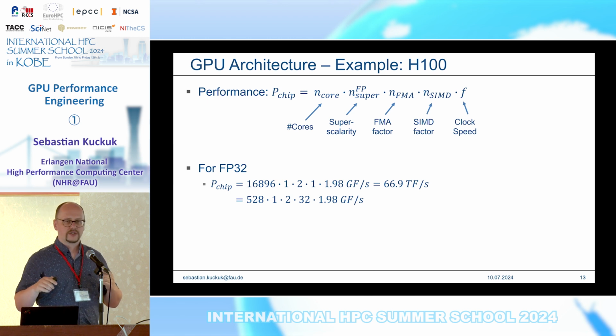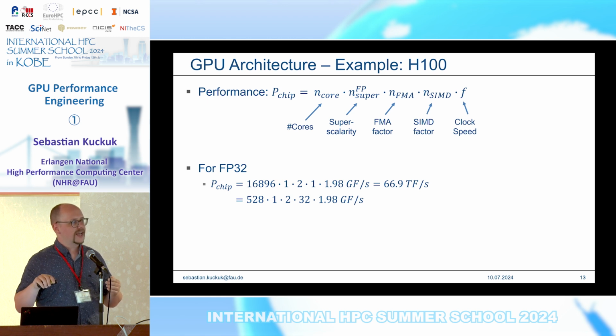Then an FMA factor: one instruction does one addition and one multiplication at the same time, so these are counted as 2 flops. Then a SIMD width, which I will talk about in a second, and the frequency. The SIMD width, if you're familiar with CPU computation, is related to the vector intrinsics and vector execution units.